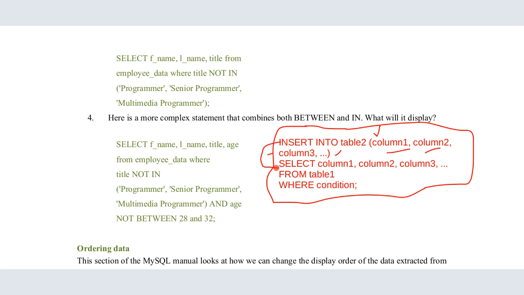Table 2, column 1, and table 1, column 1 must have the same data type. If they were variable character, it has to be the same. If they were integers or dates, it has to be the same. If the data type is not the same, then that particular command will not go through. So you need to take charge of that while you're working with insert and select in the same query.